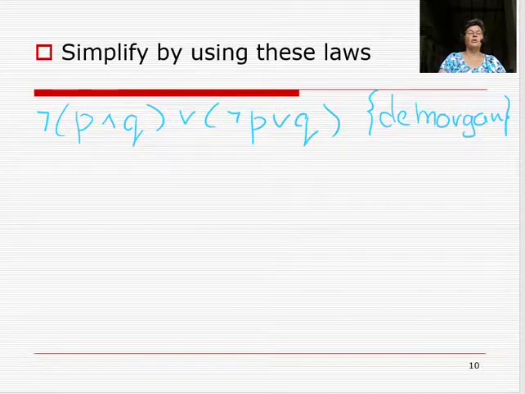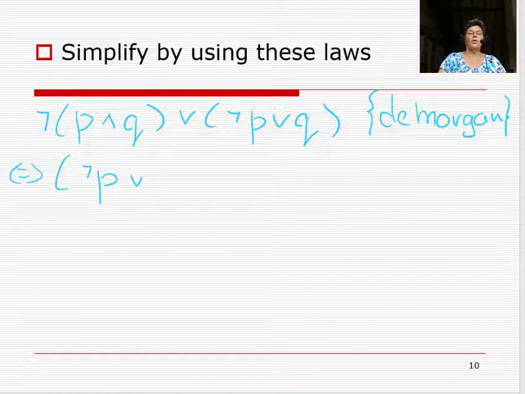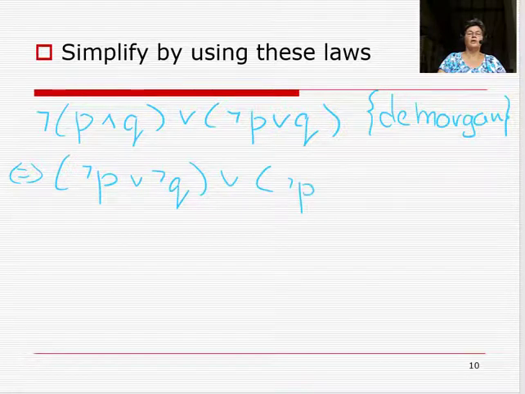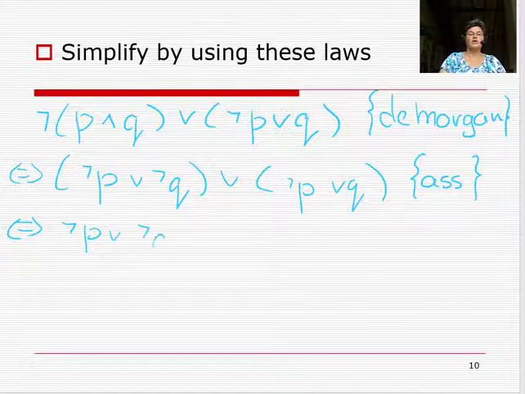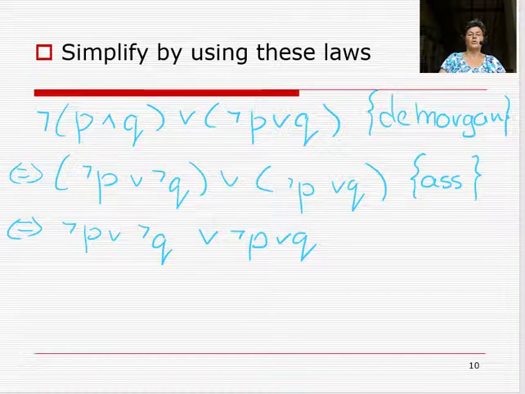So we have De Morgan, which gives us not P or not Q, or not P and not Q. Okay, and now we only have ors, and with ors you can use the associative law. And so let's just do that and remove all the brackets, because I don't care in what order what is done. So not P or not Q, or not P or Q.